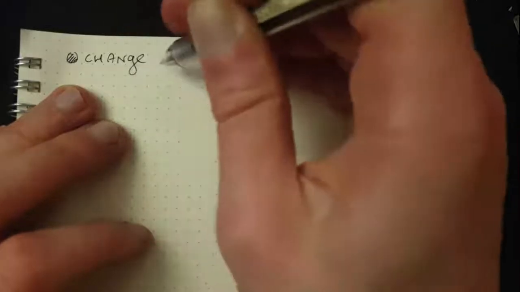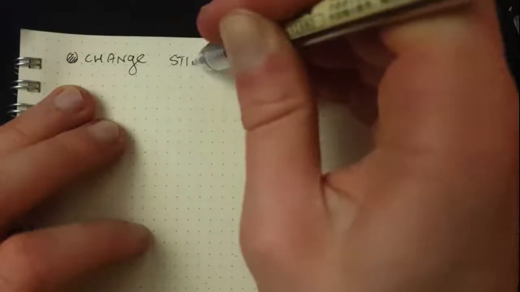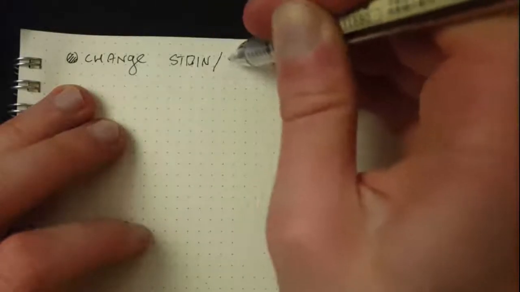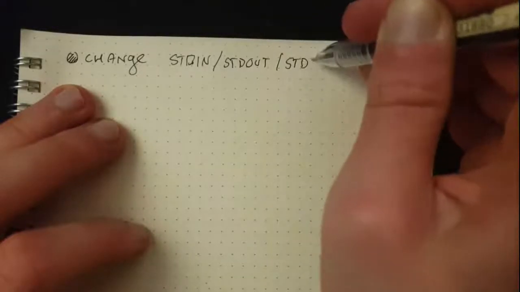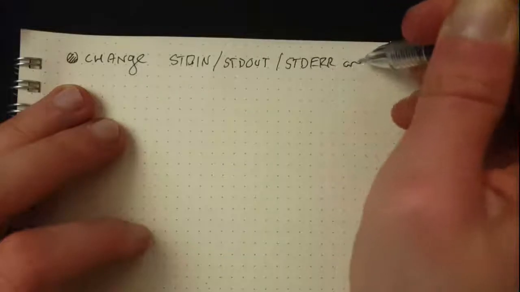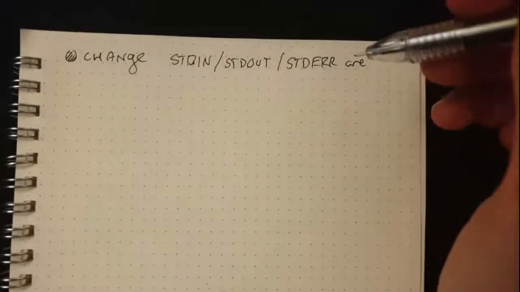You can also change what stdin, stdout, and stderr are when you run a program.